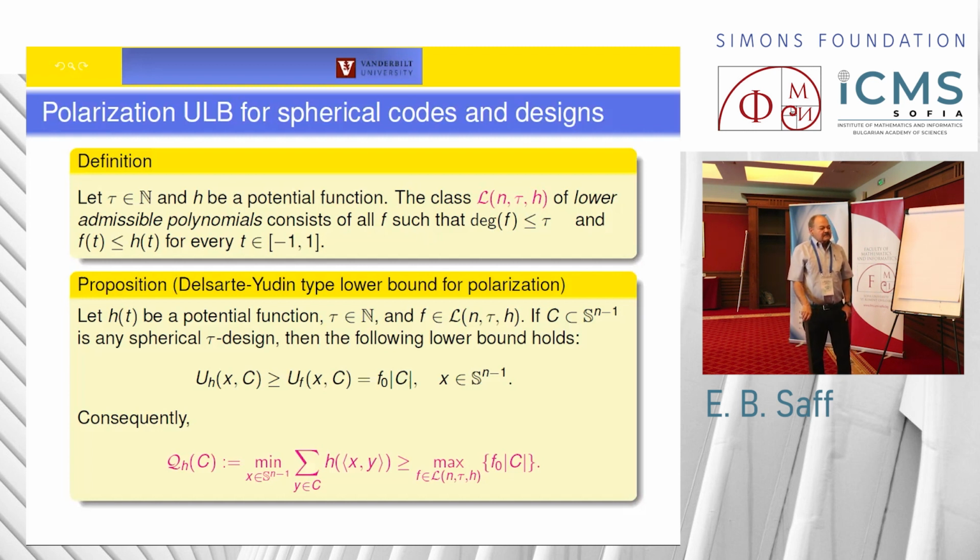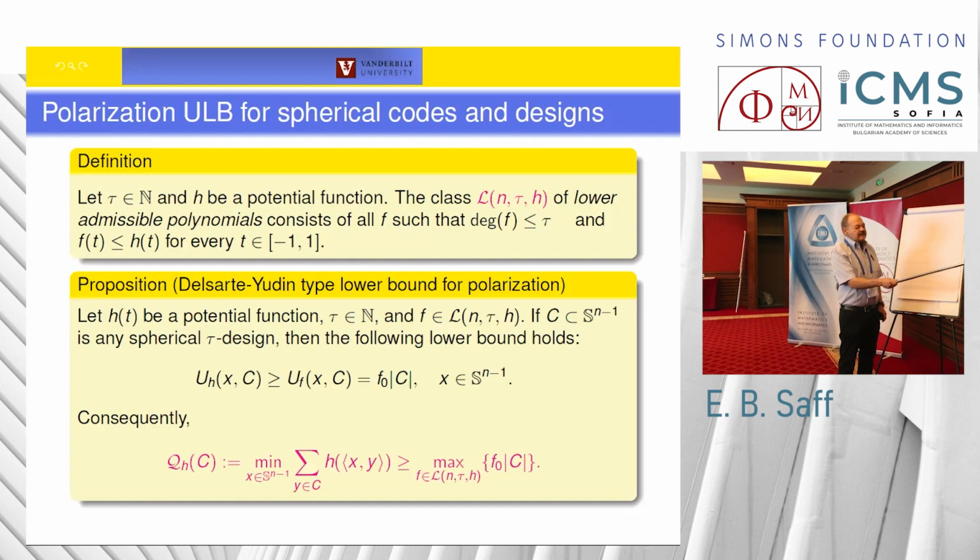And then this next result is a triviality, right? Because what it's saying is that if you've got a positive integer tau and you form the discrete potential in this code C, then certainly it's bigger than or equal to the corresponding potential for an admissible f.